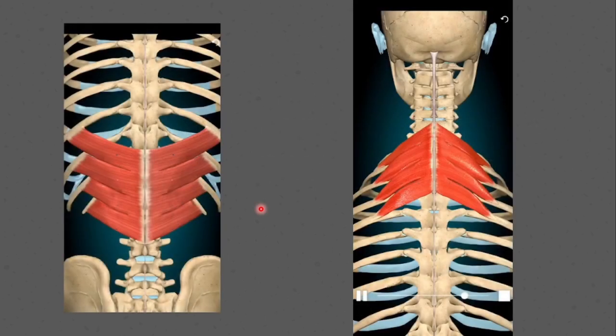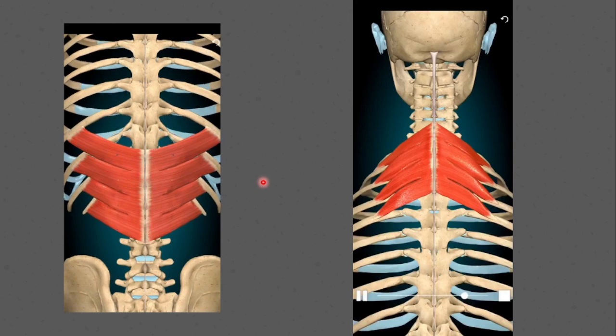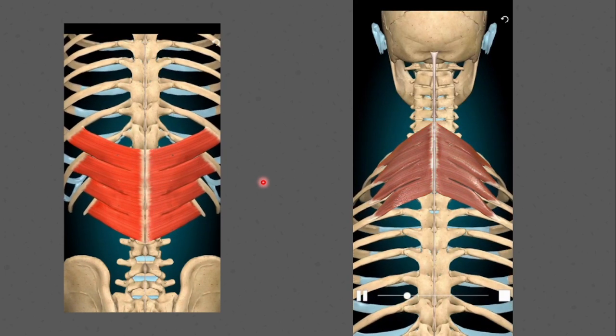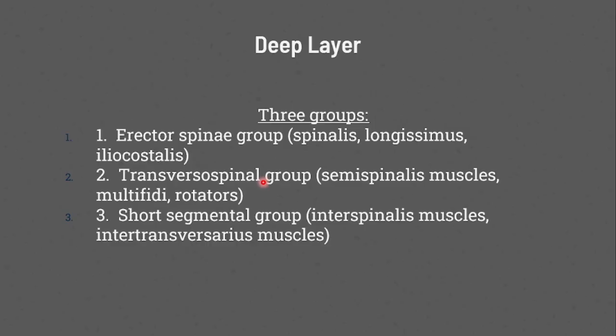They help in inspiration. There is also a deep layer, the erector spinae group: spinalis, longissimus, and iliocostalis.